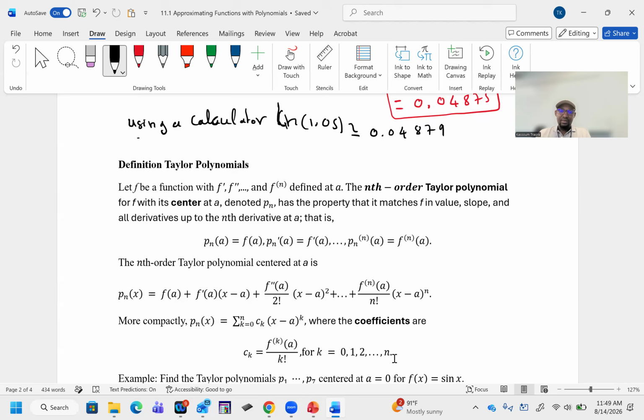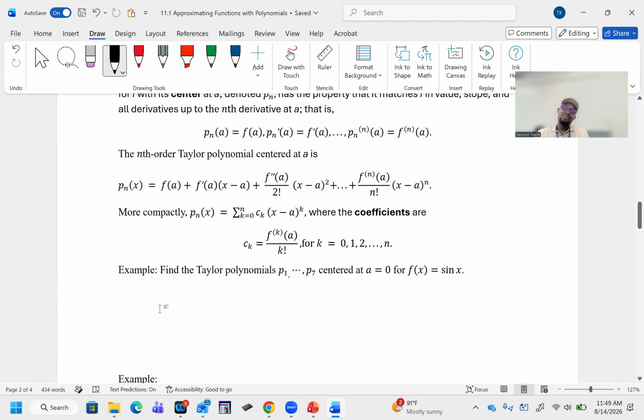So let's start with the first example. Find the Taylor polynomials p sub 1 up to p sub 7 centered at a equal to 0 for sine x. Solution: because we are asked to find p sub 1, p sub 2 up to p sub 7, we know a is 0, so we need f of 0.